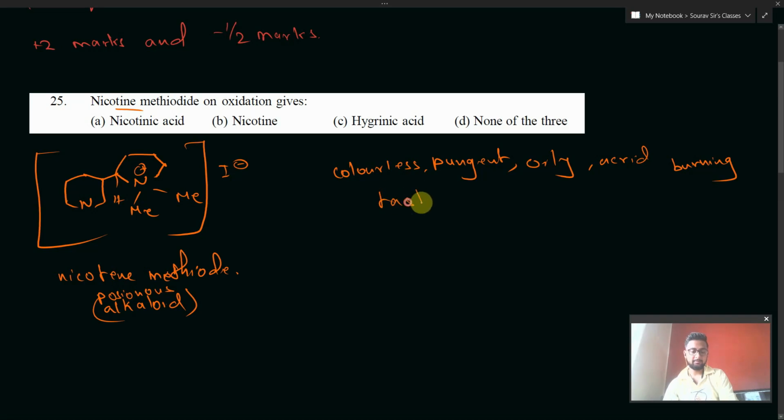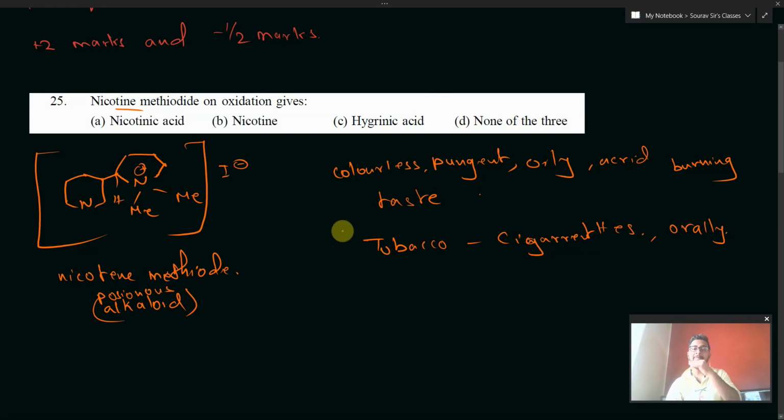Nicotine is a constituent of tobacco, one of the chemicals in tobacco, which is used in cigarettes and so on. Except for cigarettes, it can also be used orally or for inhalation.